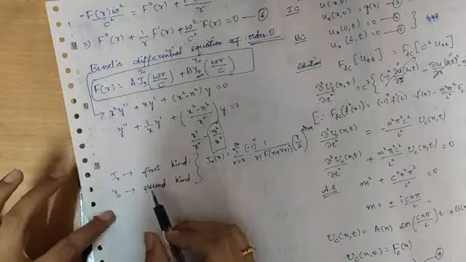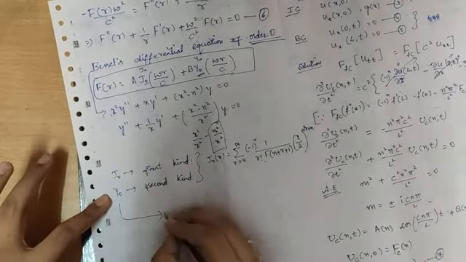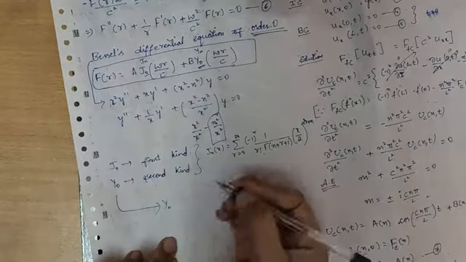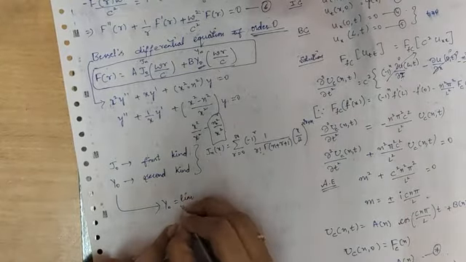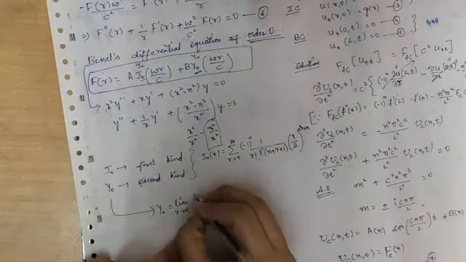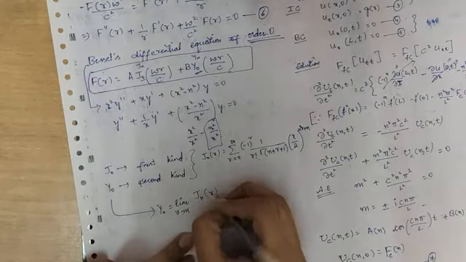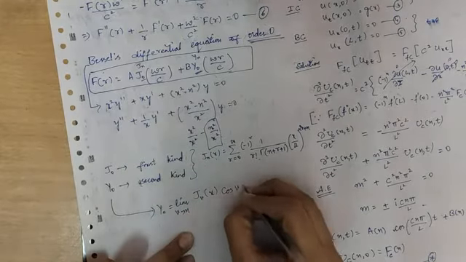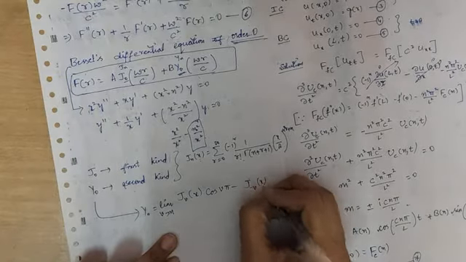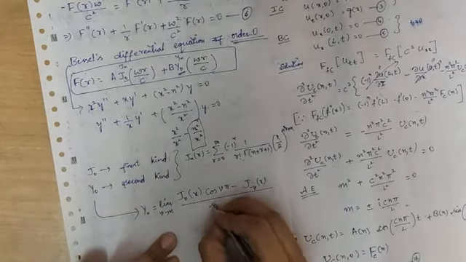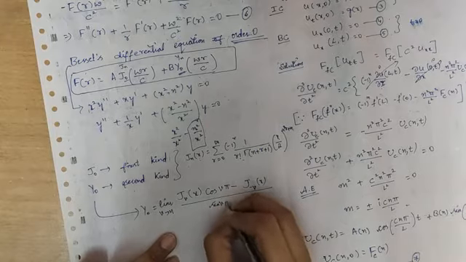In the case of second kind, the Y n value will be equal to the limit v tends to n of J v of x into cos v pi minus J minus v of x, whole divided by sin v pi.